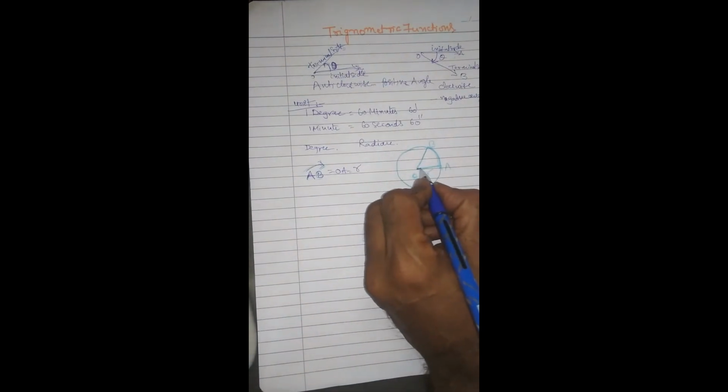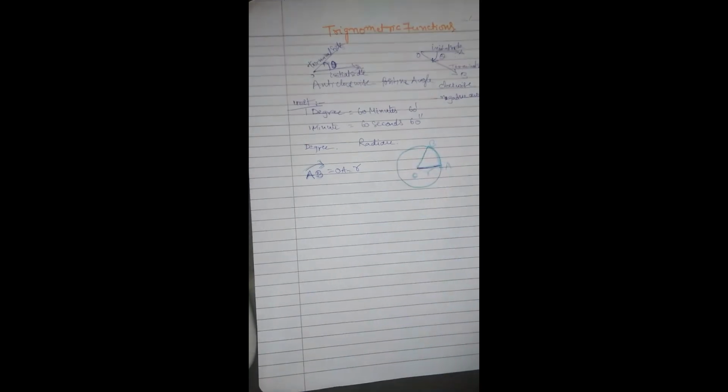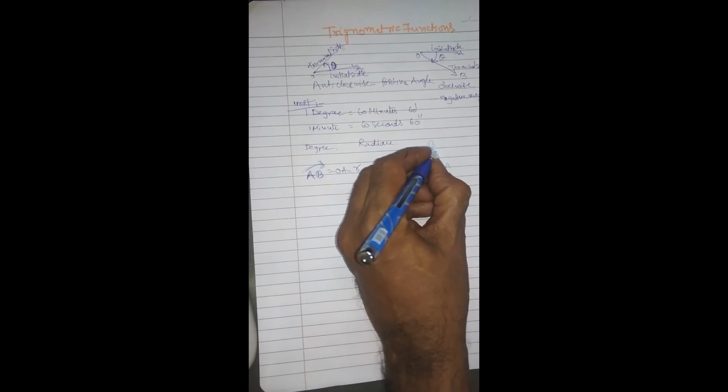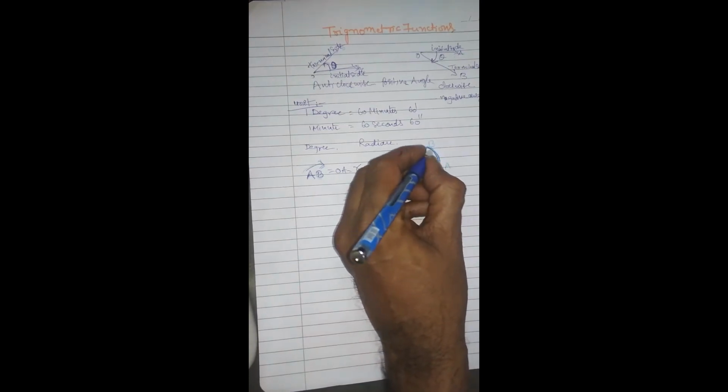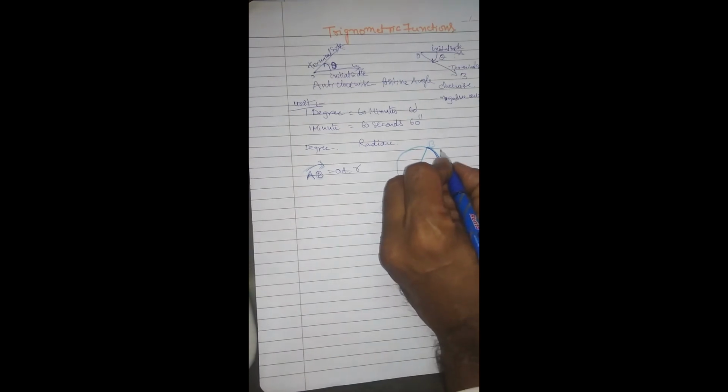Because I have taken a unit circle, this is 1. So this is also 1 unit. It can be 1 centimeter, meter, kilometer, whatever that is. And this is also the same distance, but taken arc-wise, that is angular distance, curvature distance. Okay. So if R is equal to this, I'll call this L.